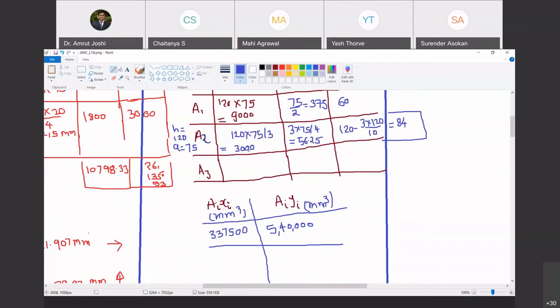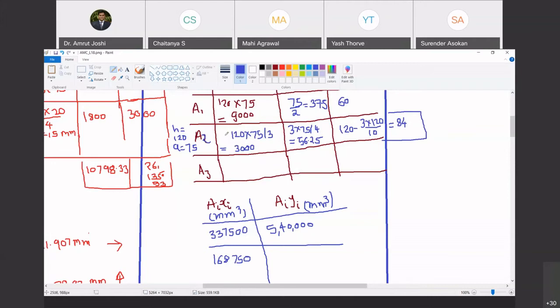Now tell me what is summation Ai xi. So 3000 into 56.25. How much is that? 168750. And what is AiYi? So 3000 into 84. Mind you, wait.